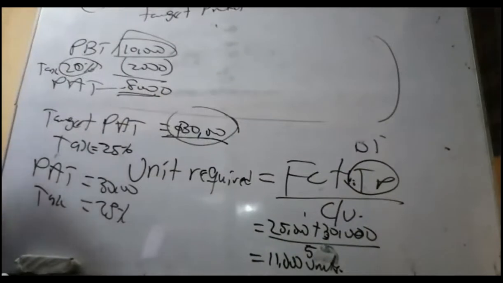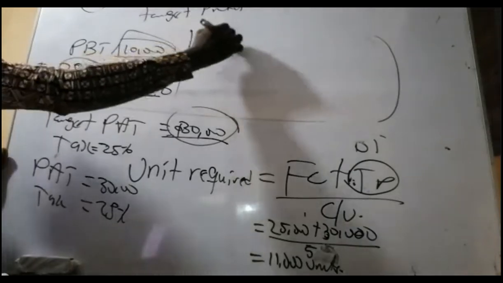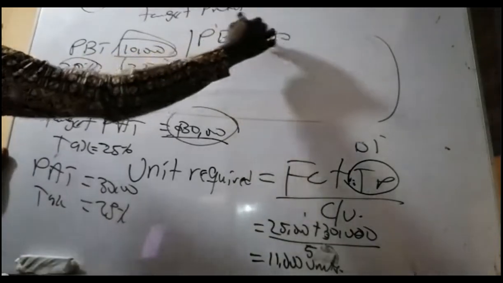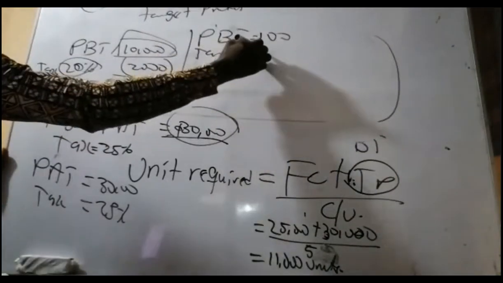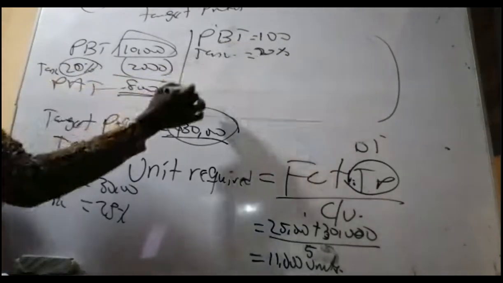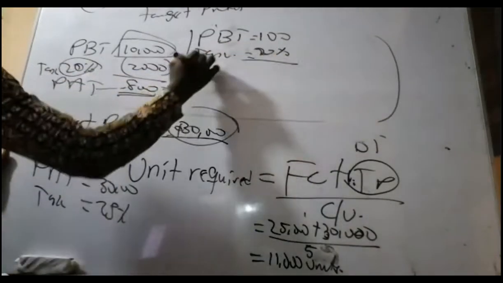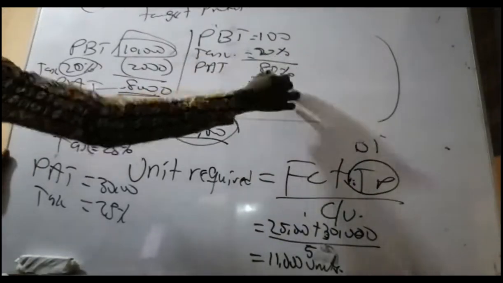To get the profit before tax, start like this. Profit before tax is always 100, right? And then the tax is X%. Here it is 20%, right? So therefore, profit after tax will be, percentage-wise, 80%. Agreed.